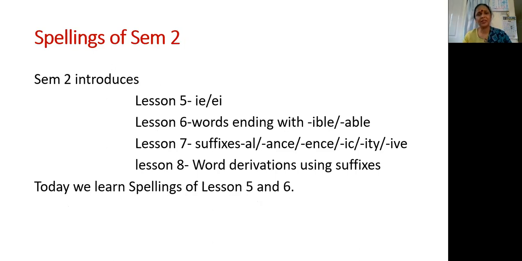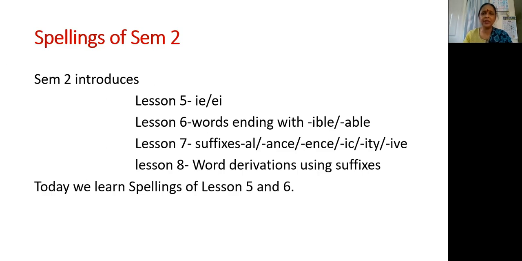Lots of competitive examinations have one or two bits based on the correct spelling. You have to write the correct spelling, either fill in the blanks or choose the word with the correct spelling. And lesson number 6, we have suffixes, words ending with ible or able. They both are pronounced the same.